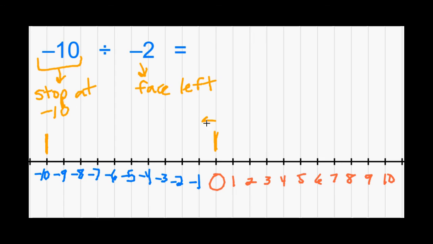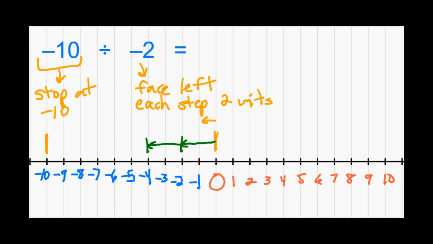So we're going to face left. And it's going to tell us that each step we take is going to be 2 units long. So we're facing left. Let's pick a different color here. I'm going to pick green. So we face left, and each step that we take is going to be 2 units. There's our first step.